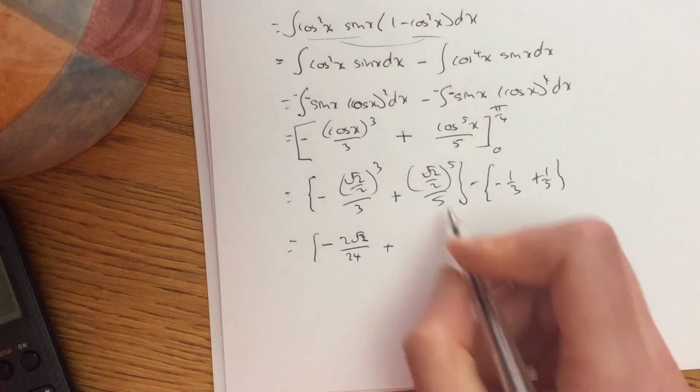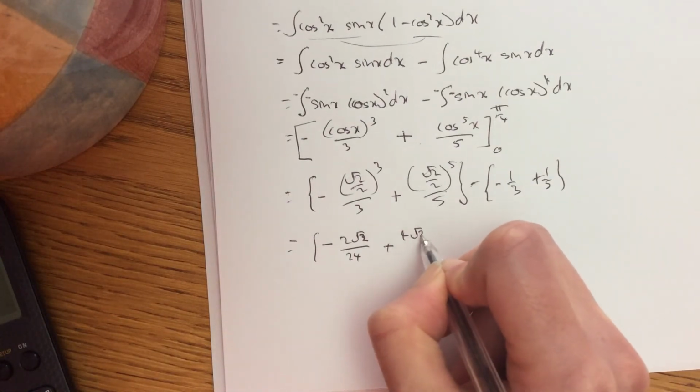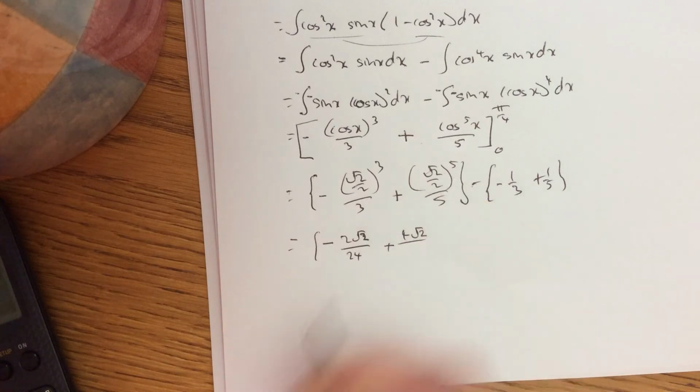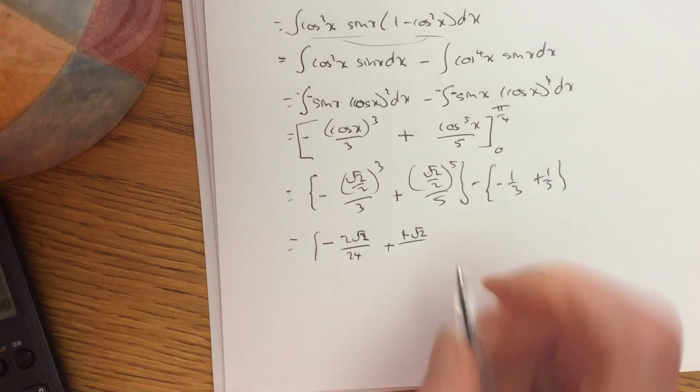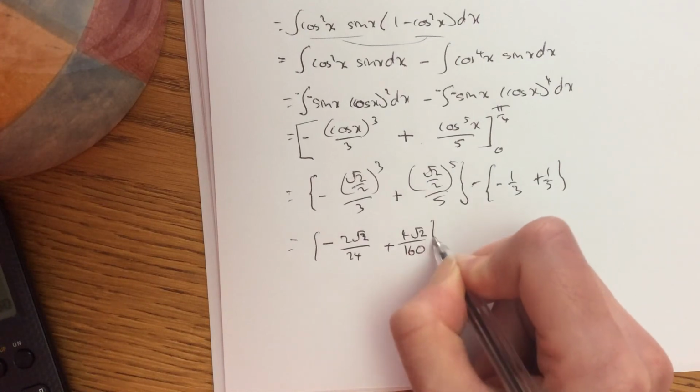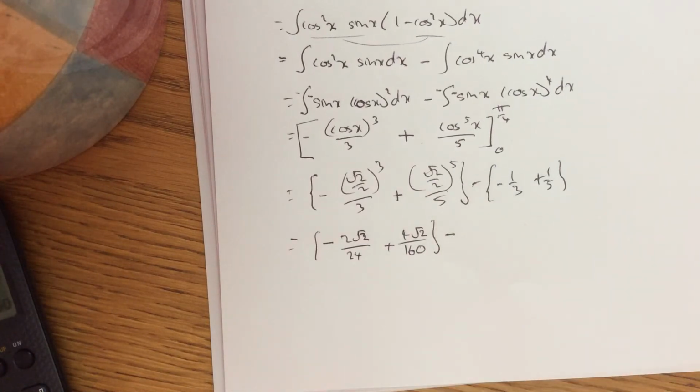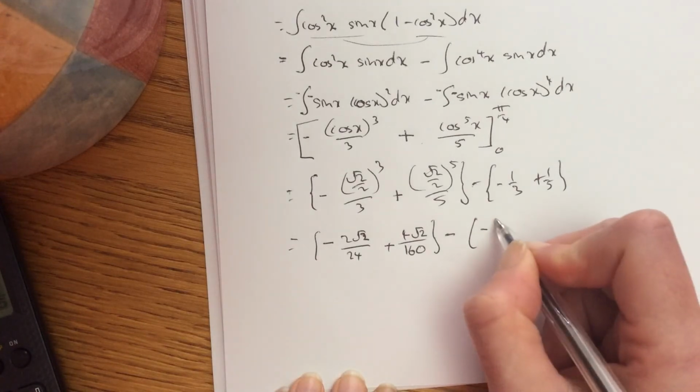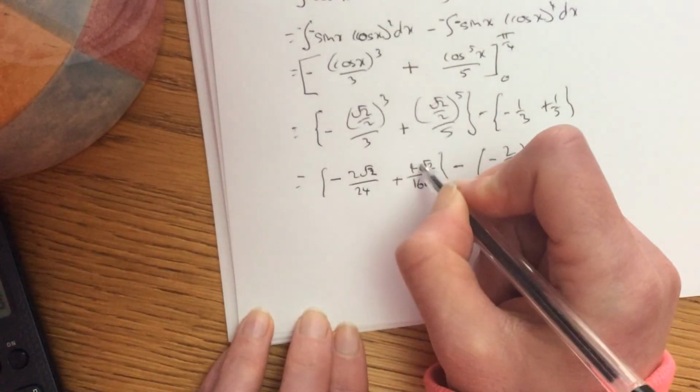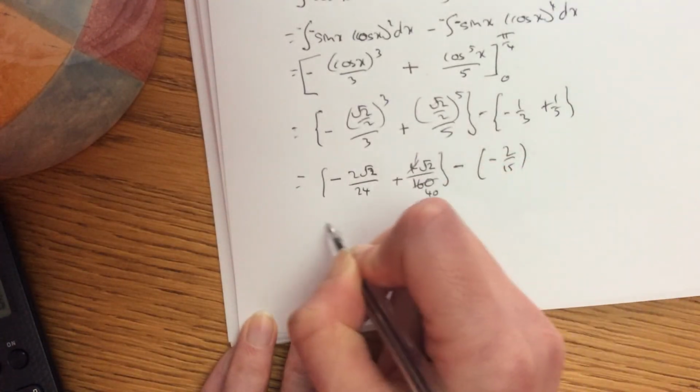So it's 4 root 2. 2 to the power of 5 is 32. And then you times it by 5, so you get 160 in the bottom, minus a fifth, take away a third, gives me minus 2 fifteenths. That cancels 2 over 40.